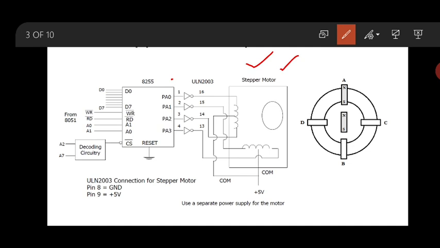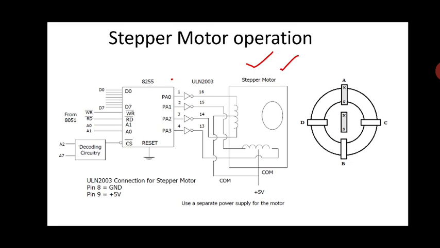Now we'll see how the operation works, and how the data will be communicated serially through the COM port. On the right side, this is the four steps I have mentioned here.